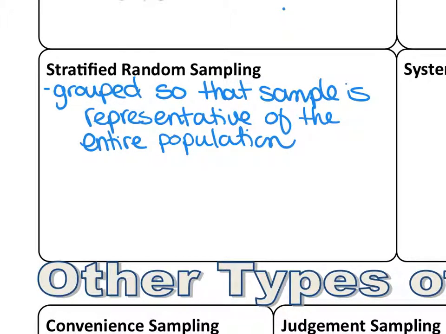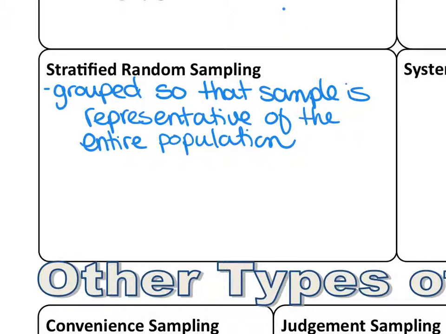So for example, if you have more grade 12s than you do grade 9s in your school, it makes more sense to select more grade 12s than it would to select more grade 9s. So it's not that everything's kind of even, it's that it's representative. So the same percentage of grade 9s, grade 10s, grade 11s, and grade 12s in your sample looks like the same percentages as the whole population.